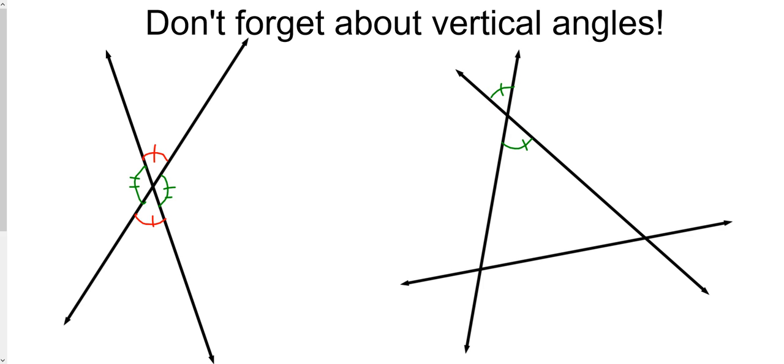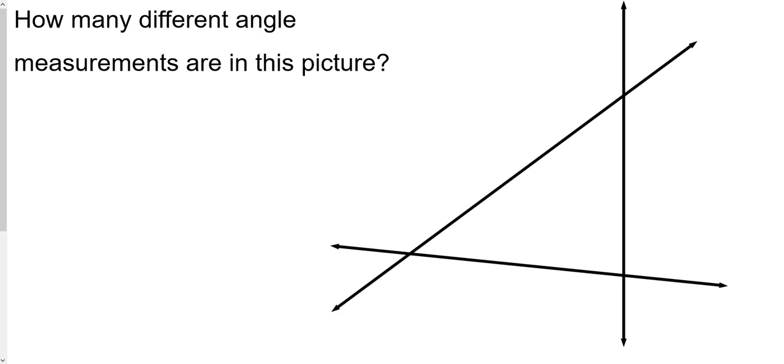So if we look at this example here, and it asks how many different angle measurements are there in this picture. So for each one, I'll try and label it in green. So here I know that this set of angles would be congruent because they're vertical angles. I know that this set of angles would be the same.